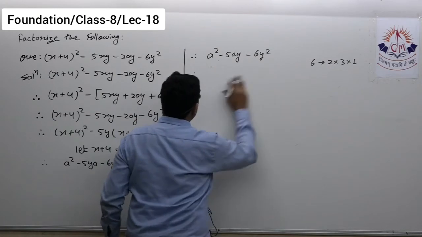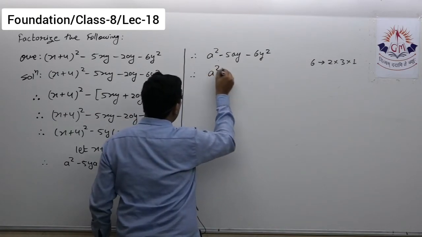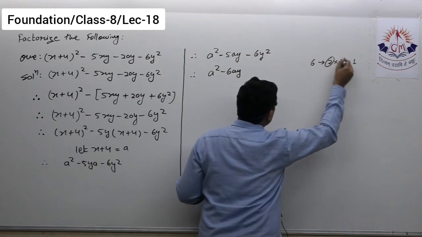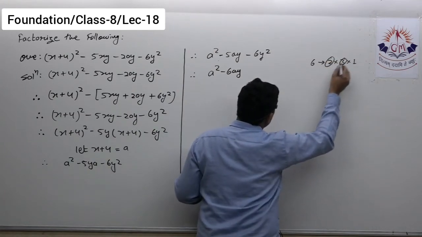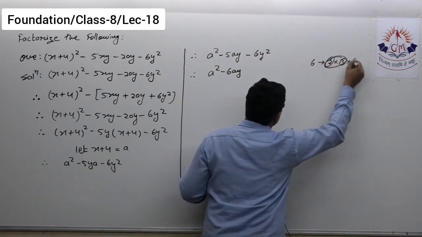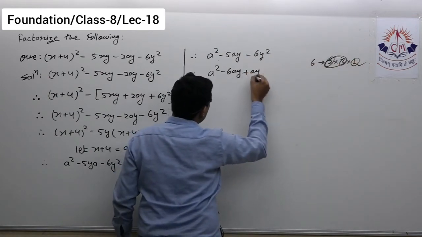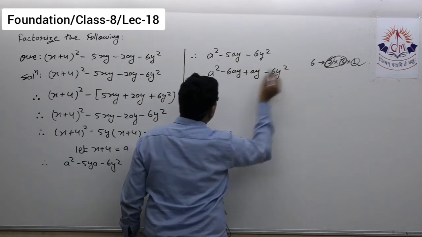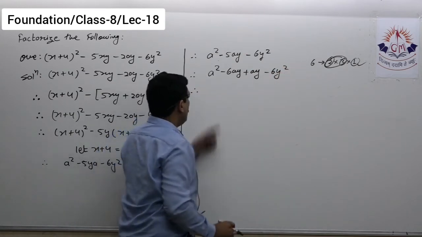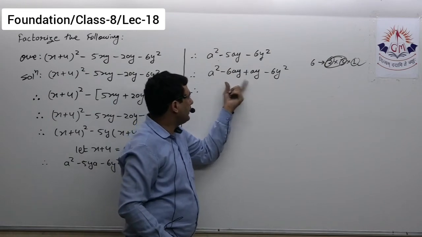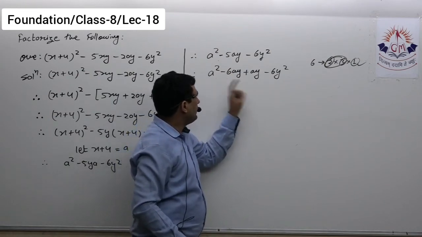So here I write a square minus 6ay. That means first I took these two as factors, which was wrong. Now I will take this in one group and this in another group: minus 6ay plus ay minus 6y square. Now you can see their sum is again minus 5ay as well as their product is plus 6a square y square.